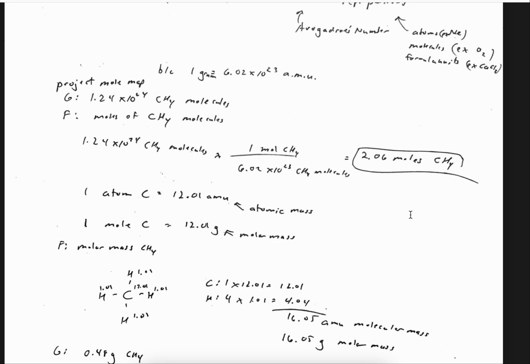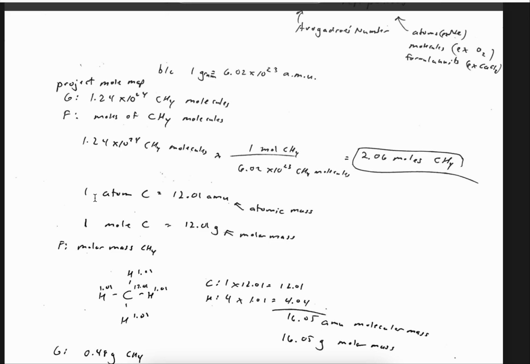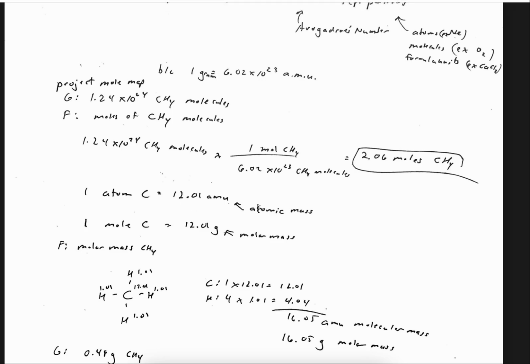It has 6 protons, always. And then it says C, and then it says 12.01. So that is the average atomic mass of all of the carbon atoms on Earth. And so the weighted average atomic mass is 12.01 AMUs.